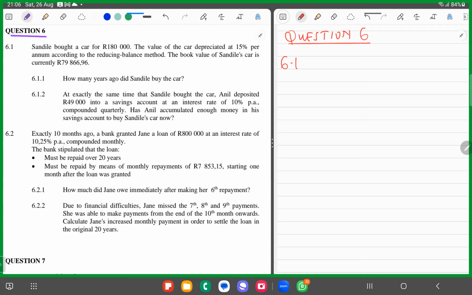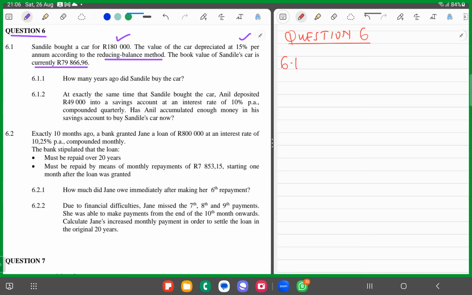Sandile bought a car for 180,000 Rand. The value of the car depreciated at 15% per annum according to the reducing balance method. The book value of Sandile's car is currently 79,866 Rand and 96 cents.